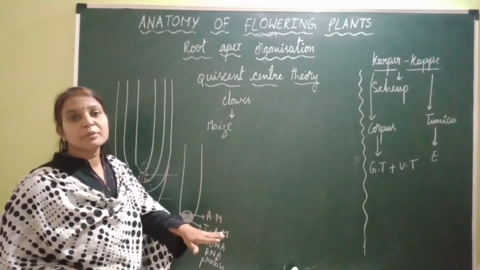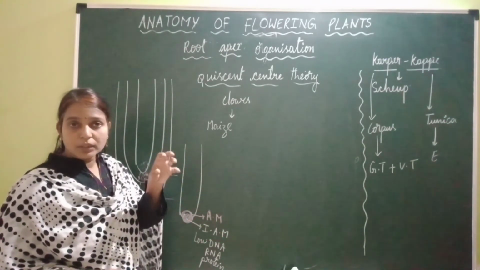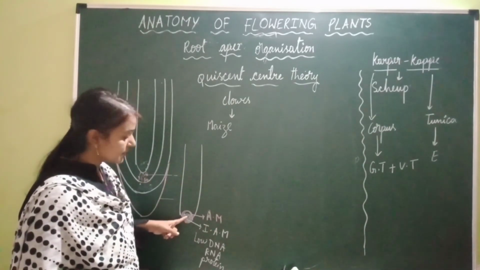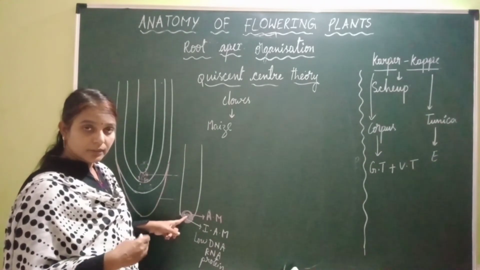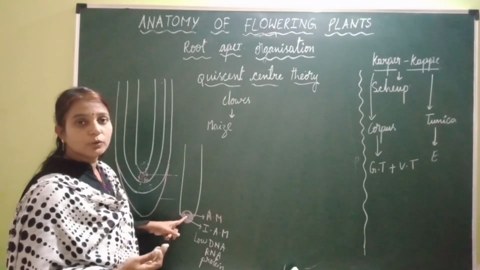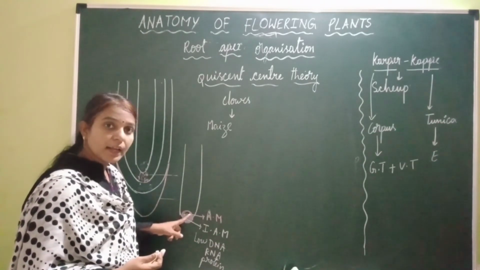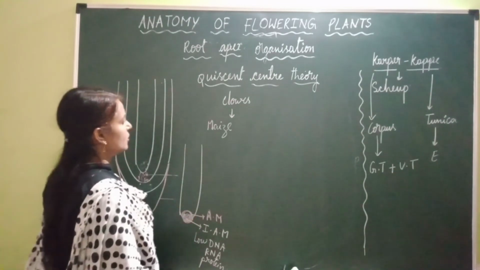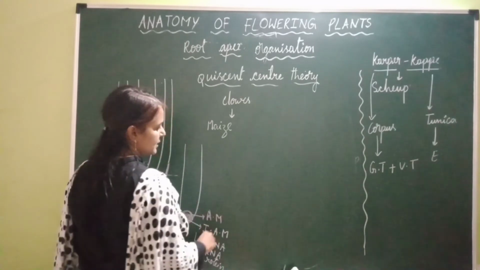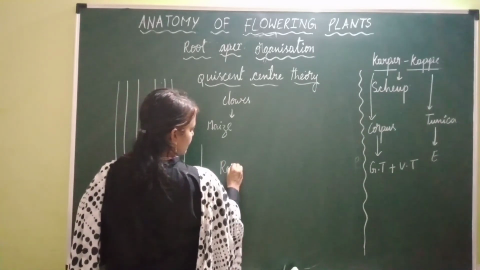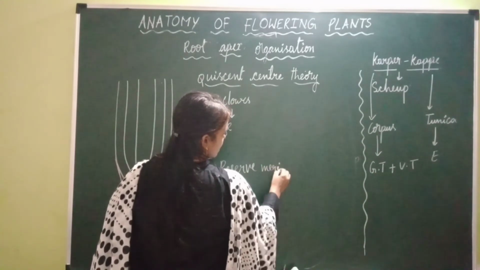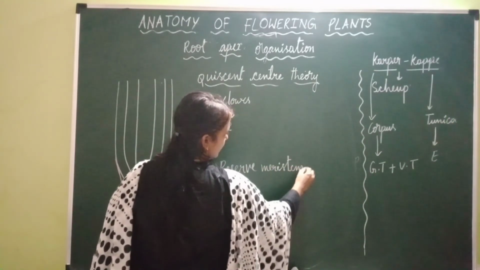Depending upon the requirement of the plant, when the plant is calling for cell division, this quiescent center gets activated and starts undergoing cell division when the active meristem surrounding it gets damaged. So this is about quiescent center theory, and this quiescent center is also called reserve meristem.